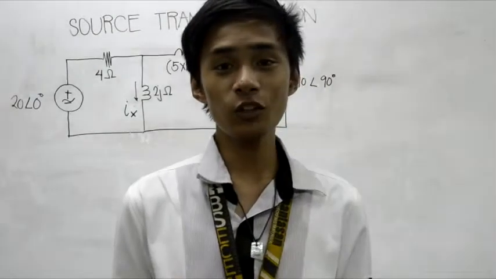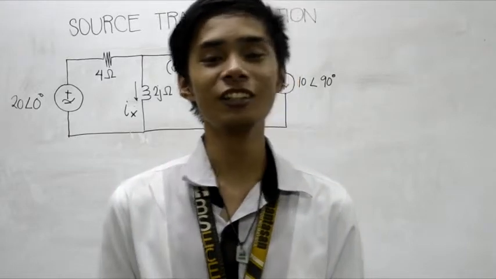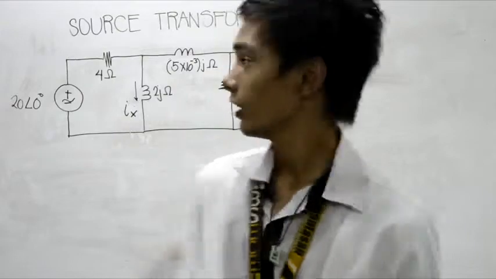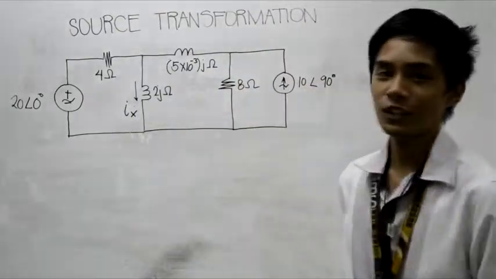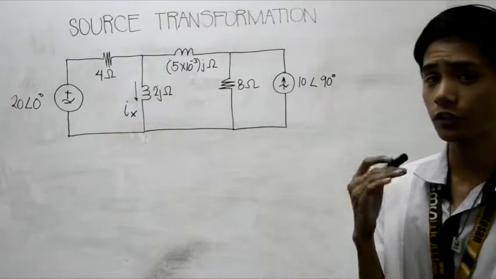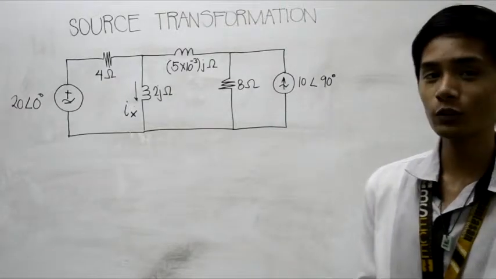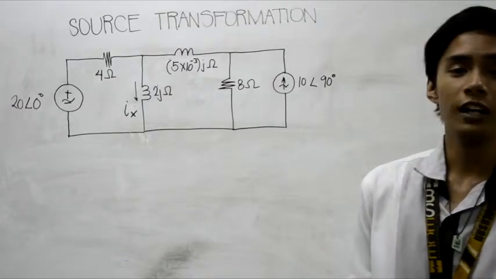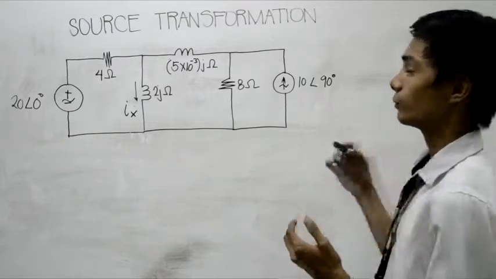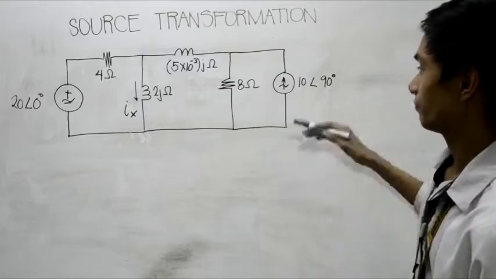So now we're going to give you another special technique for you to answer complex circuits. And this technique is called source transformation. As the name states, source transformation is transforming your given source into its opposite type for you to analyze the circuit in a simpler way.